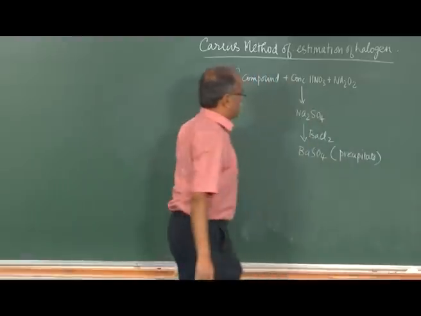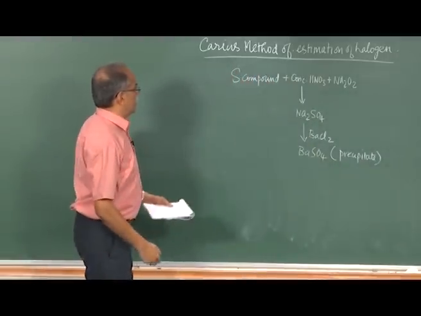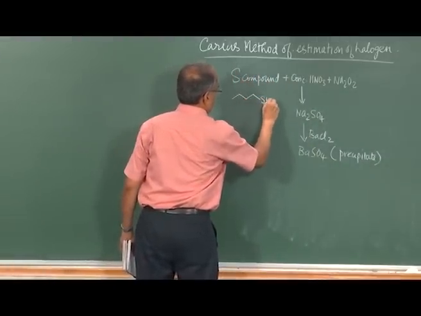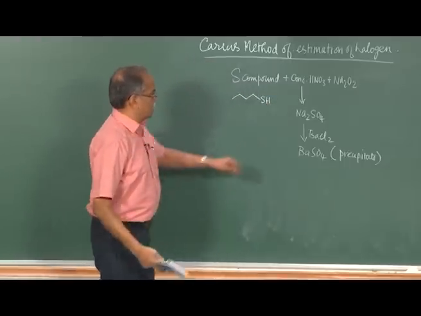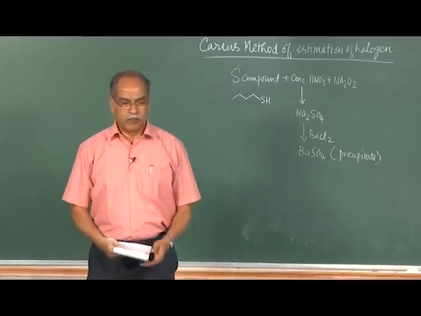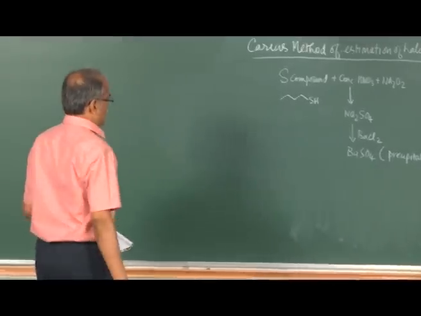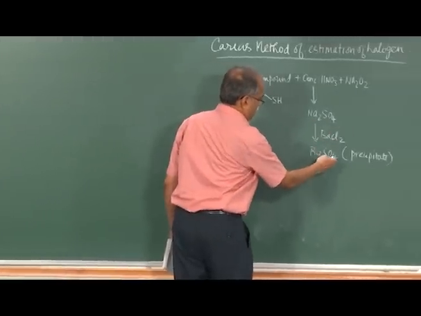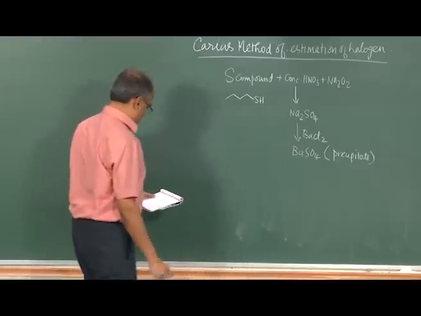So, the basic chemistry principle is that the compound, let us say for example, a thiol is taken, it is completely oxidized to the sulfate, the sulphur is converted into an inorganic sulfate, and the inorganic sulfate essentially is converted into barium sulfate, which is an insoluble compound.